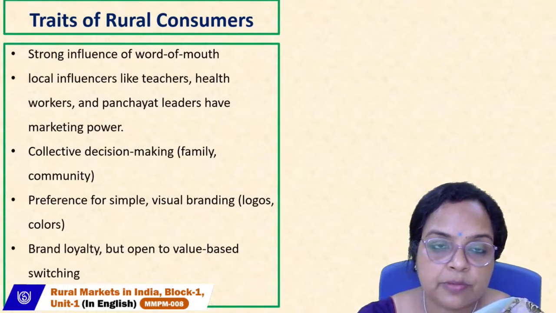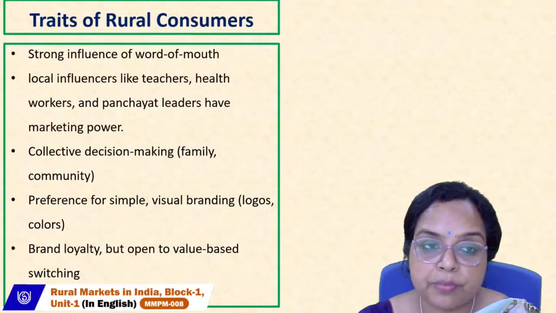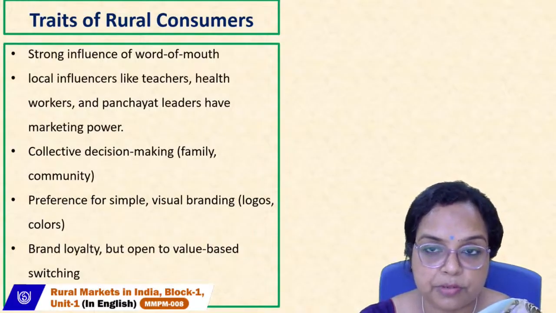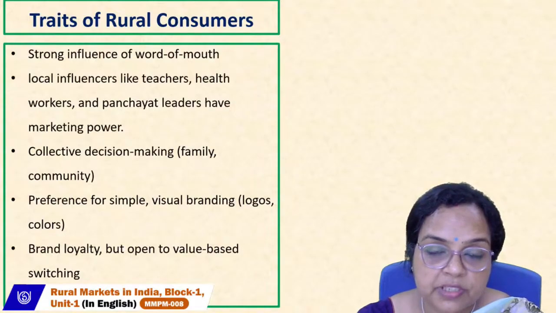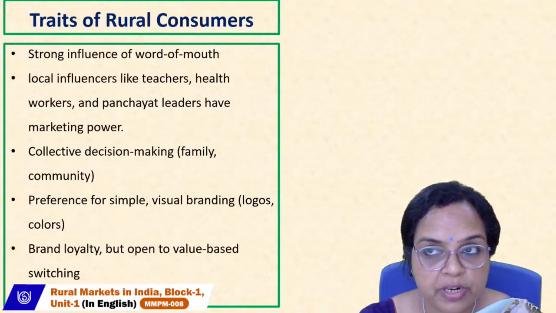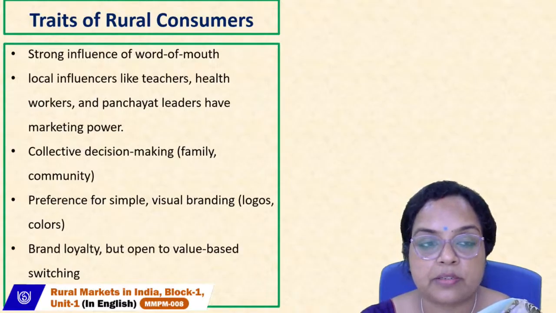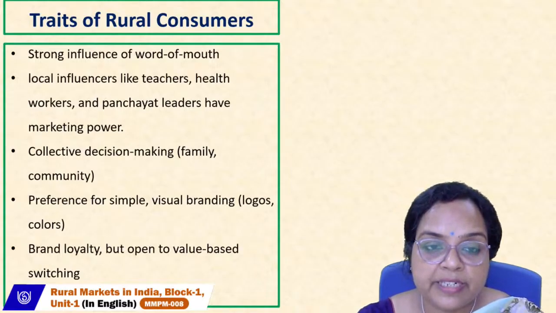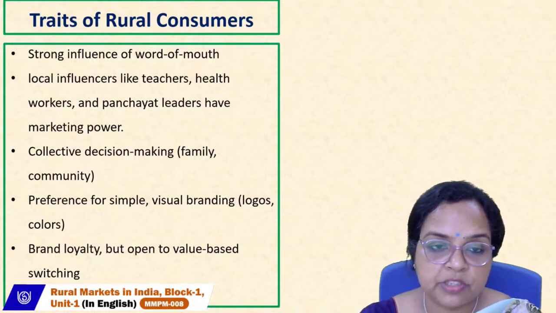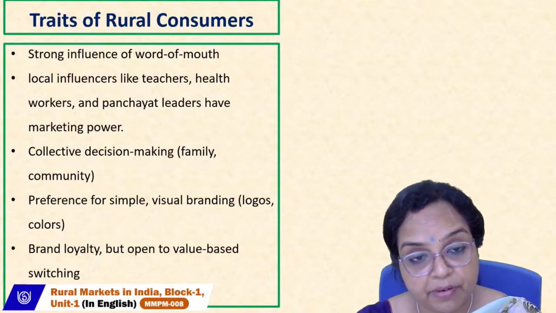What are the characteristics or traits of rural consumers? They believe in word of mouth, a strong influence. If you have purchased a product and you are extremely happy with it, you will strongly recommend it to your friends. Local influencers like teachers, health workers and panchayat leaders have marketing power.